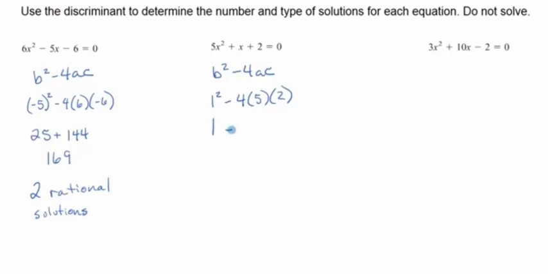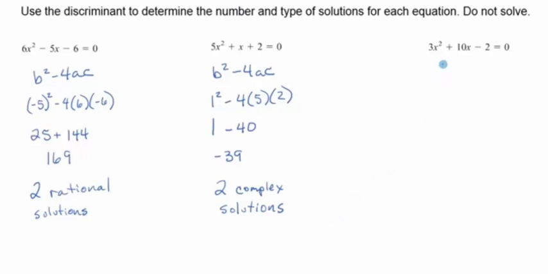So that's 1 minus 4 times 5 is 20 times 2 is 40. That's a negative 39. So we have a negative number under the radicand. That means we're going to have two complex solutions. They'll have imaginaries in them.